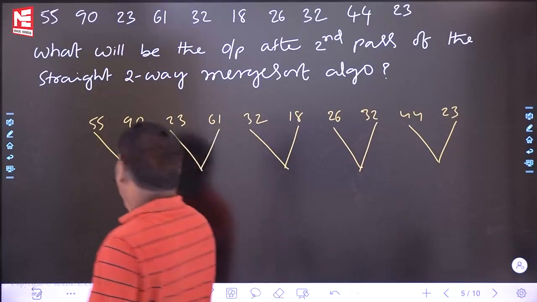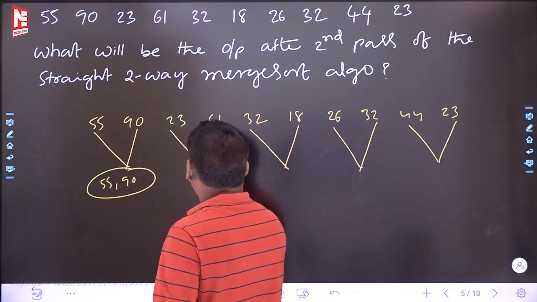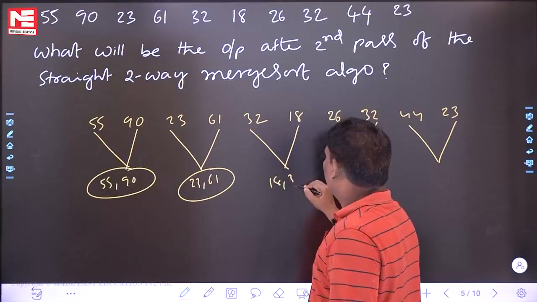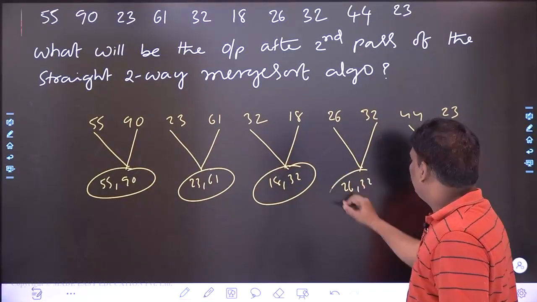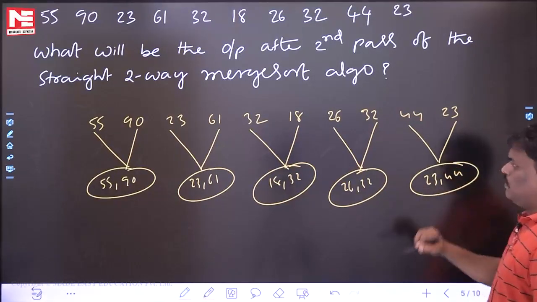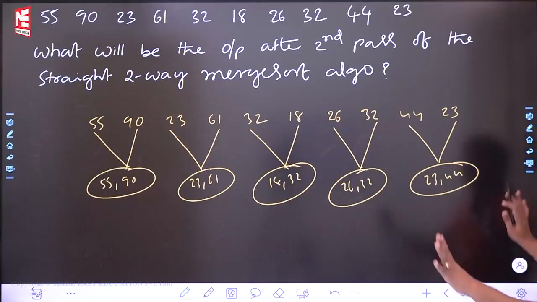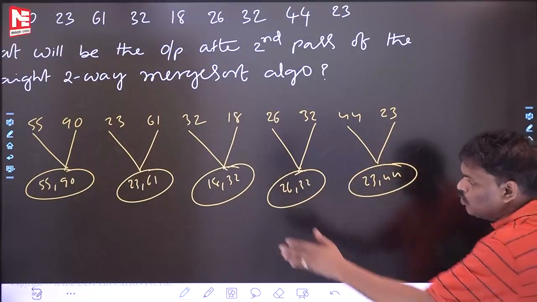So what is the answer if you do that? 55, 90. Next, 23, 61. Next, 18, 32. Next, 26, 32. Next, 23, 44. Directly take two and merge them. So I have done that. Can you read the output, whatever you got?